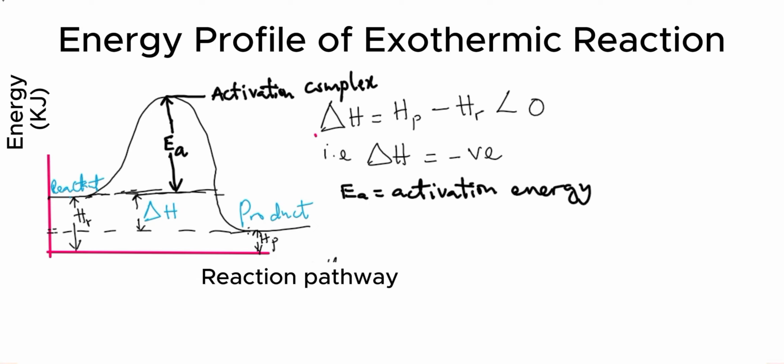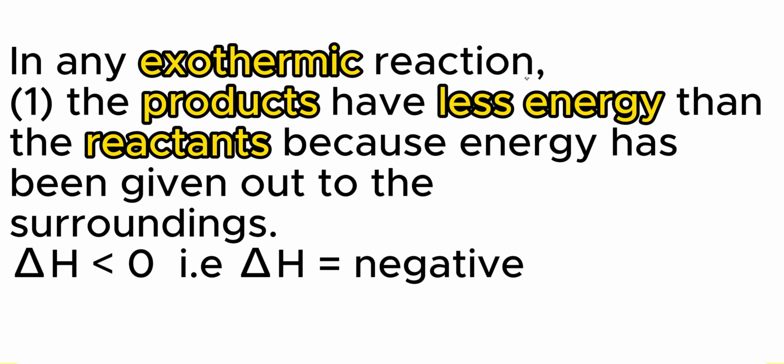Now let us look at some other things about exothermic reaction. In any exothermic reaction, number one, the products have less energy than the reactants because energy has been given out to the surroundings. That is, the change in enthalpy is less than zero. That is, it is negative.